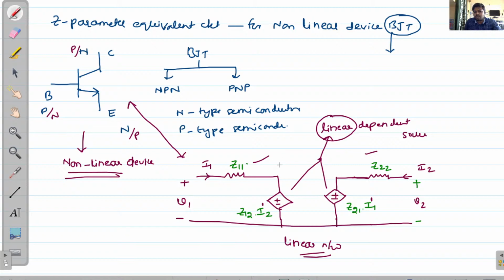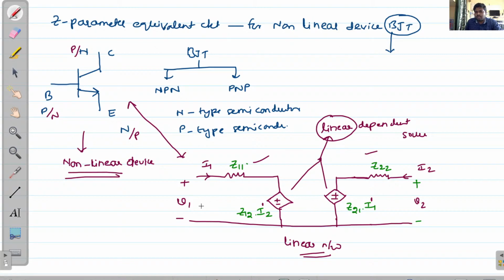So all the elements have linear characteristics only, so this network acts as a linear network. This is the exact replacement of this nonlinear device. While converting from nonlinear to linear, this entire network acts as a linear network, which provides a linear characteristic. After that we can utilize it in our applications.